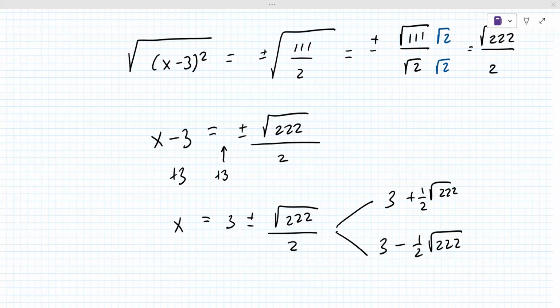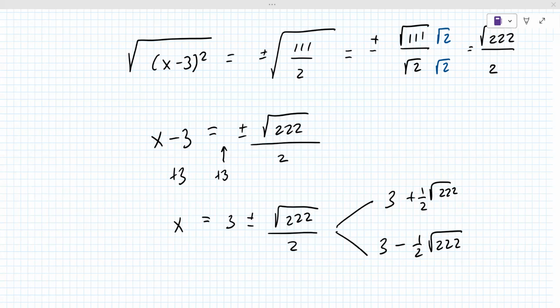So let's go through it. Square root of 222. What do you get for that? 14.8996. Okay, and then take half of that. So then, no, it'd be, oh, so I must have added 3 twice.